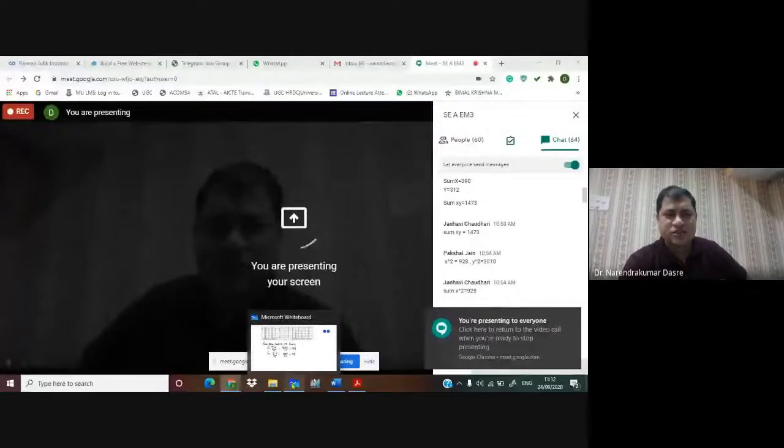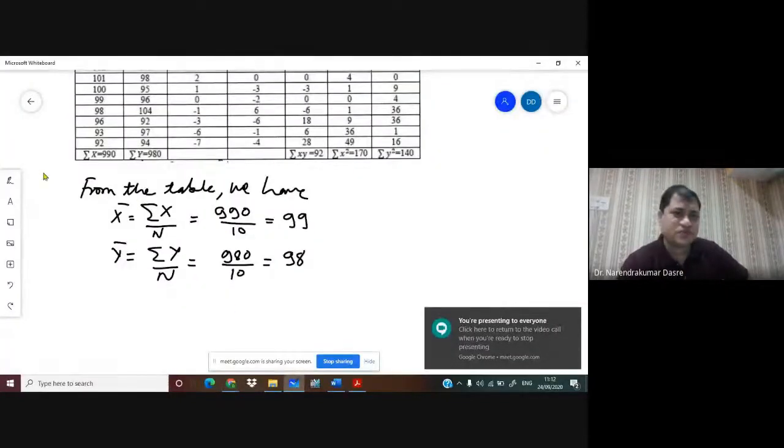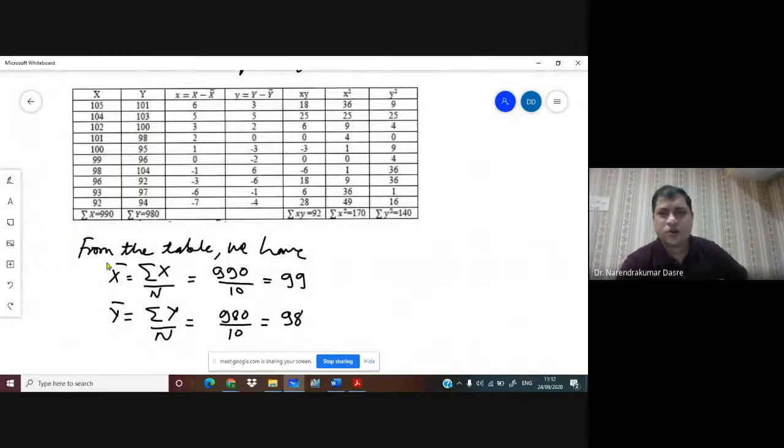So check your calculations with my calculations. I hope all of you got this table. Okay. So as we know, we don't want these values. We are interested in these values. So summation xy is equal to 92, summation x square is equal to 170, and summation y square is equal to 140. Okay, so that's what you got.